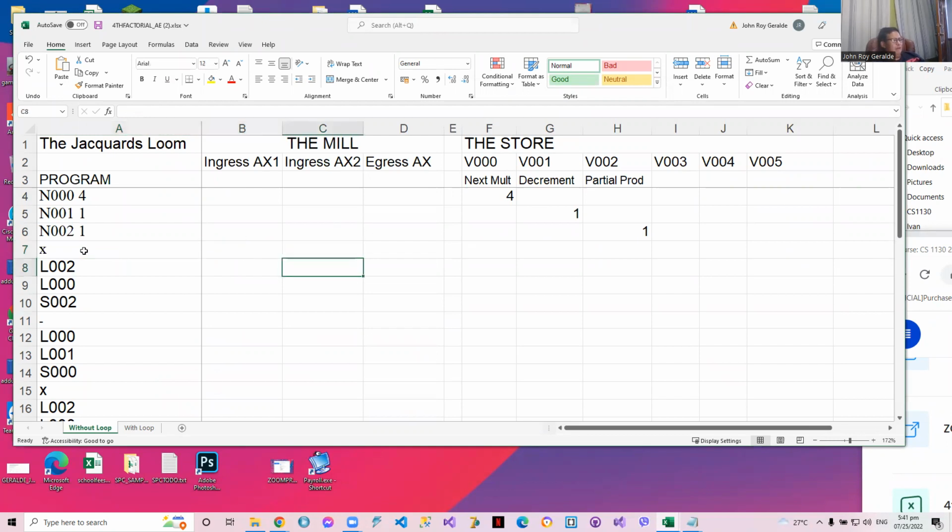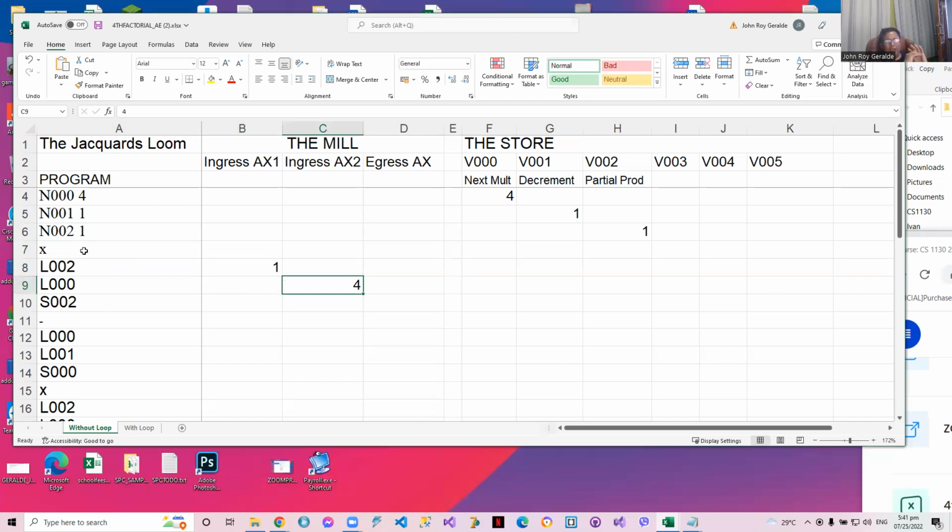L002, which means that 002 will be loaded to the mill. Particularly, it will be loaded to ingress axis 1. Why? Because it's the first load. During the first load, the store goes to the ingress axis 1. L000, the second load, this goes to ingress axis 2, which is 4.